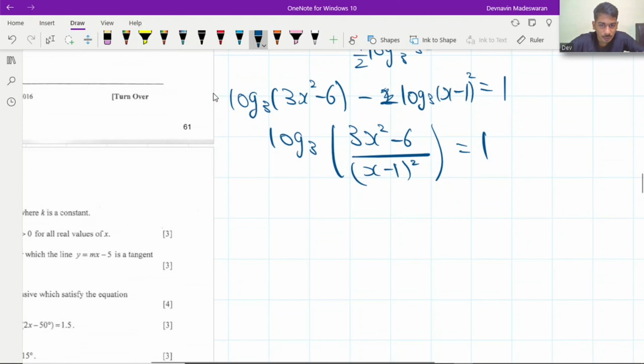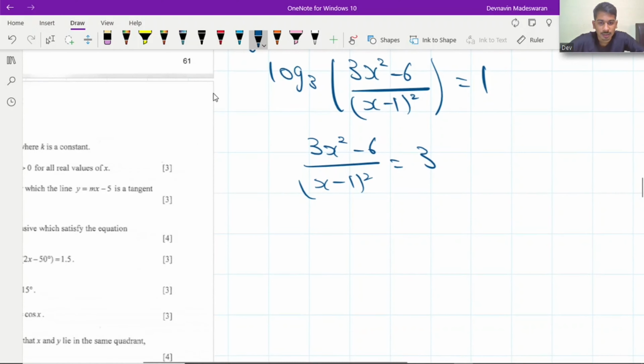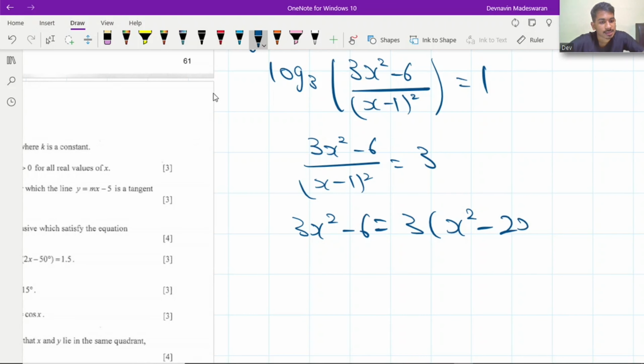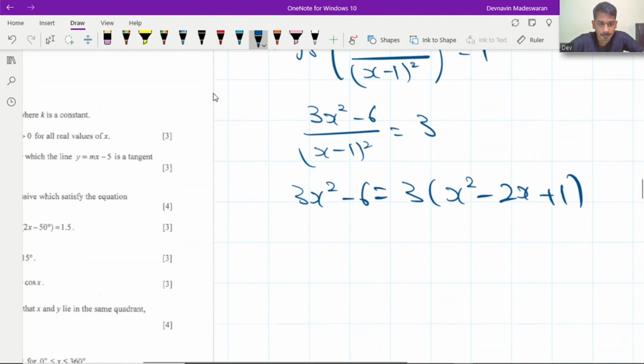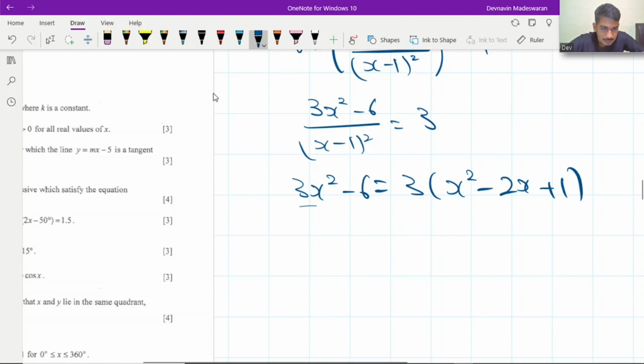Now we can remove the log by moving it there. 3x squared minus 6 over x minus 1 squared is going to be equal to 3. So I guess I can expand it now. 3 times, okay, x squared minus 2x plus 1. Okay, so 3x squared will cancel away with this 3x squared.